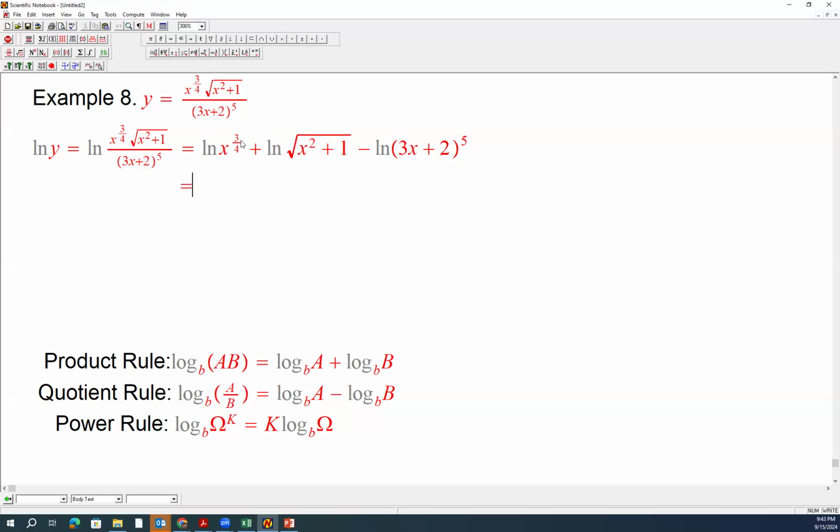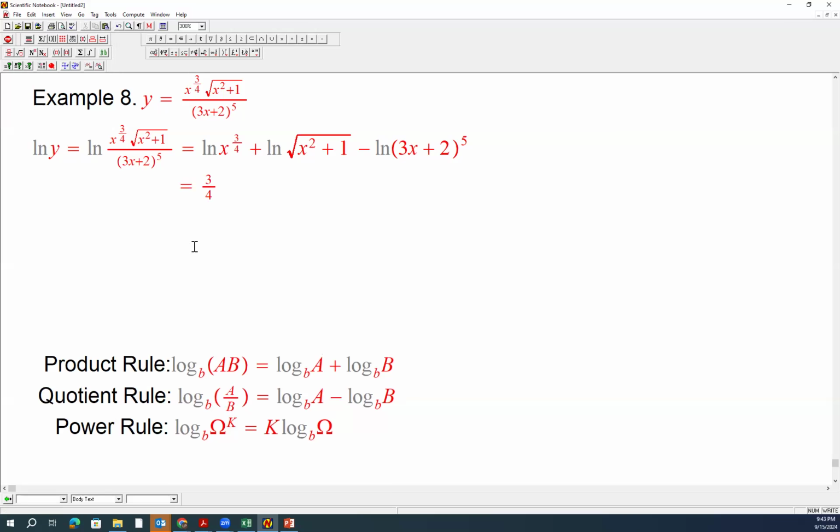Applying the power rule, 3/4 is brought down, so ln x, plus the root is 1/2 ln of x squared plus 1, subtracting 5 times ln of 3x plus 2.